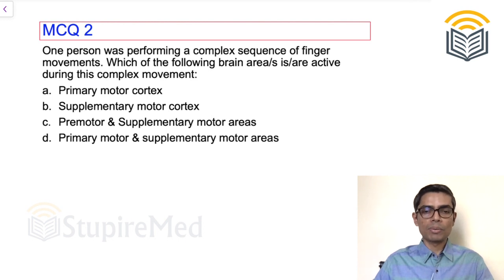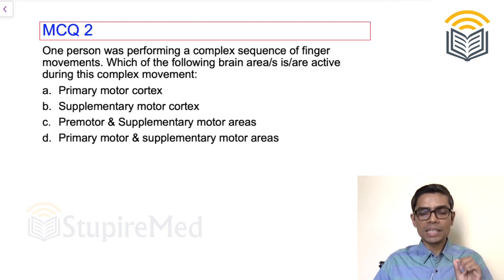But whenever your movement becomes complex, sequential or bilateral, suppose I am doing this kind of complex movement, it always requires the help of the supplementary motor cortex. So please make it clear. If you have to do a complex movement, and I have given you instruction, and you are only thinking but not doing the movement, your supplementary motor cortex will be active.